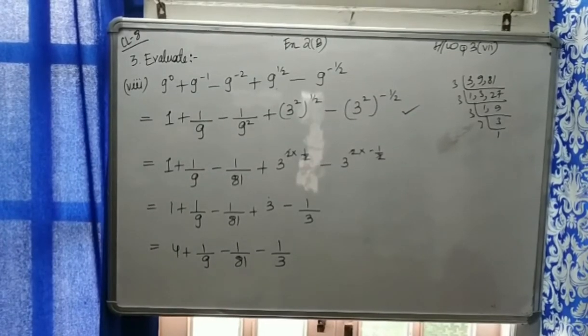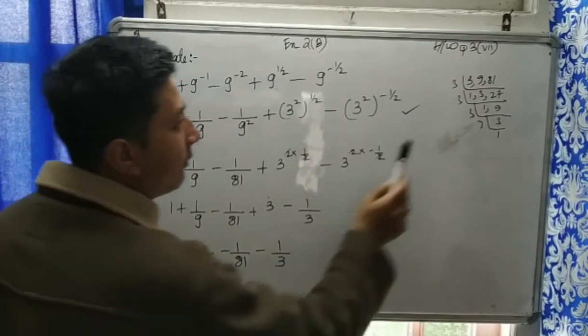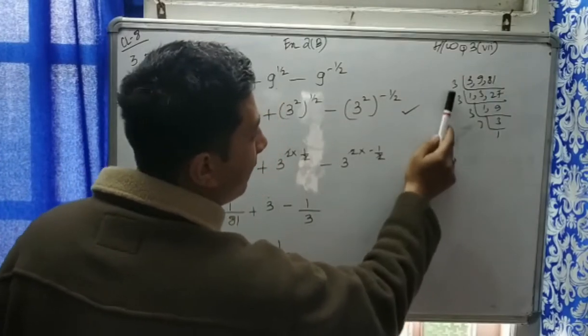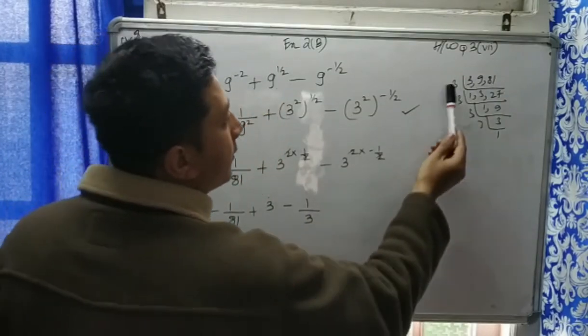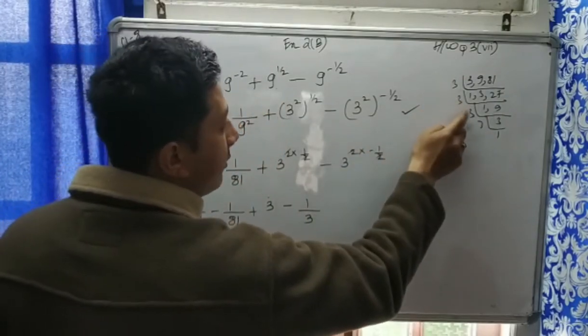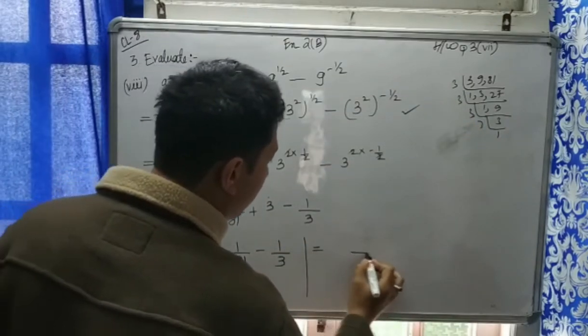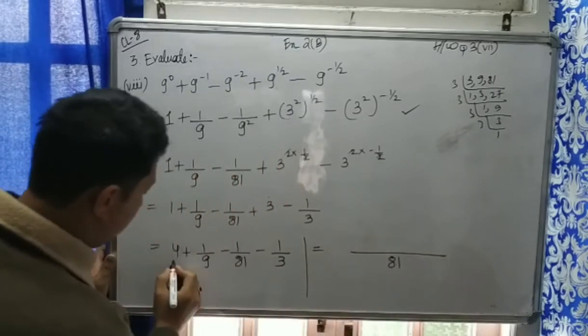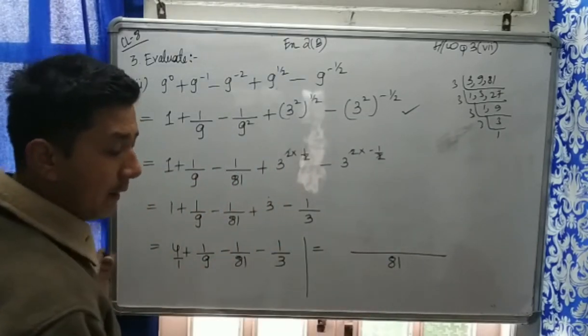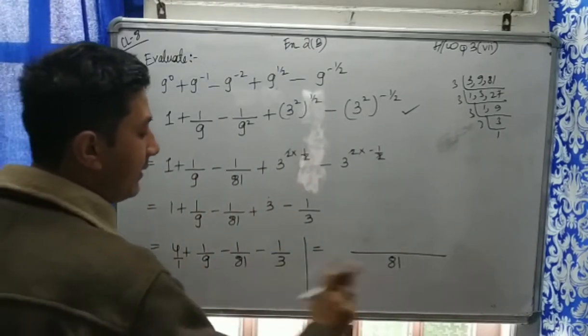Alright, let's take the LCM of 9, 81 and 3. When you take the LCM of 3, 9, 81, 3 threes are 9, 9 threes are 27, 27 threes are 81. So you will be getting 81. So 1 divided by 81. So 4 by 1, the LCM is 81.